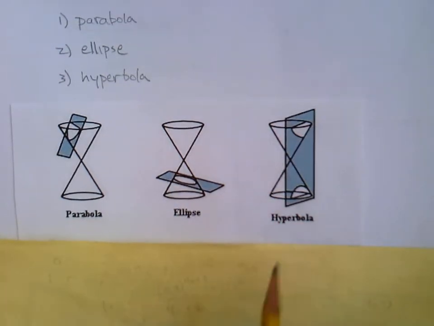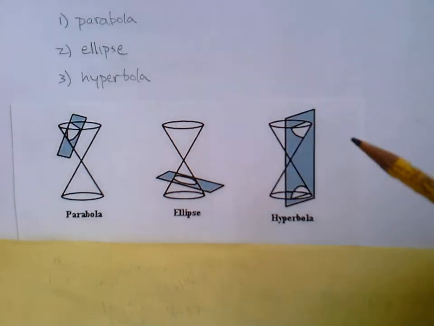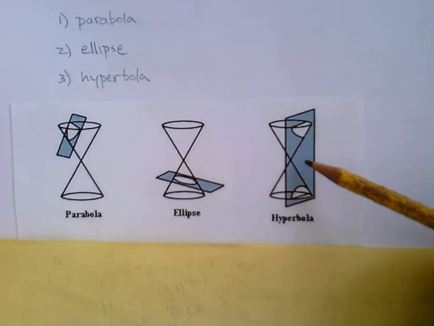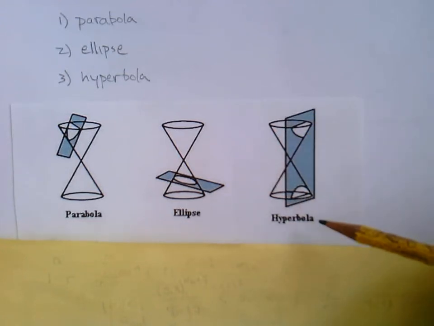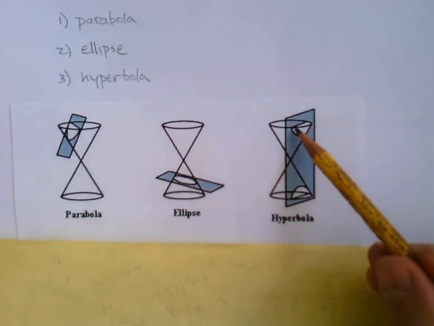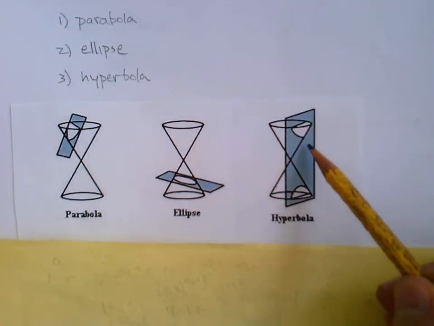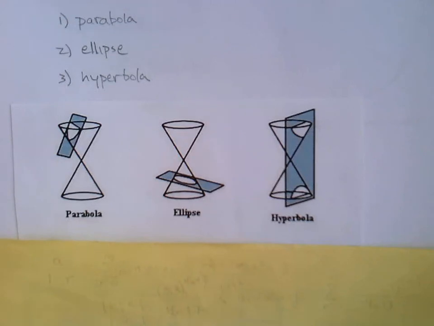Finally, the hyperbola, when you cut so that it chops through both parts. Finally, we're using both parts of the cone. Then you end up generating these two cross sections with this gap in the middle that we call the hyperbola.